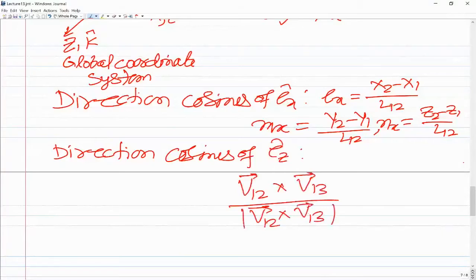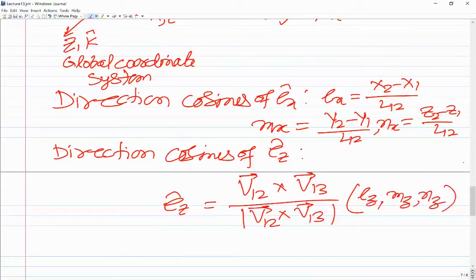You can take this as your Ez cap, and the components of the vector Ez cap will be, let us say, Lz, Mz, and Nz. This small z I am using for the local z axis.